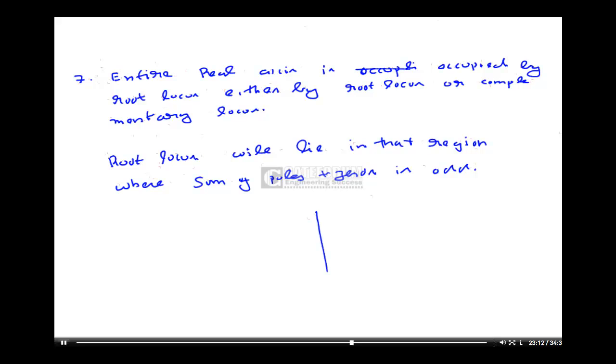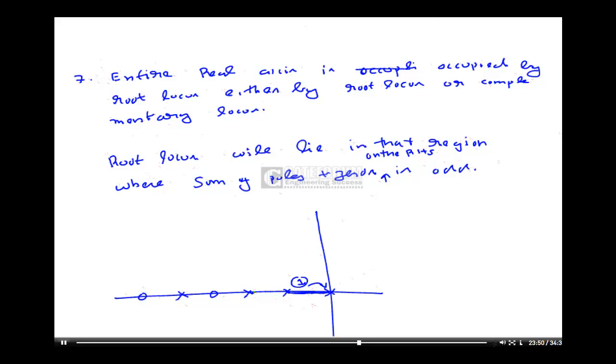Suppose I have pole, pole, pole, zero, pole, zero. To find in what region the root locus will lie, the first region is this one, in which the root locus will lie. If I take any point here, to its right there is 1 pole, so the count is odd. So in this region the root locus will lie.